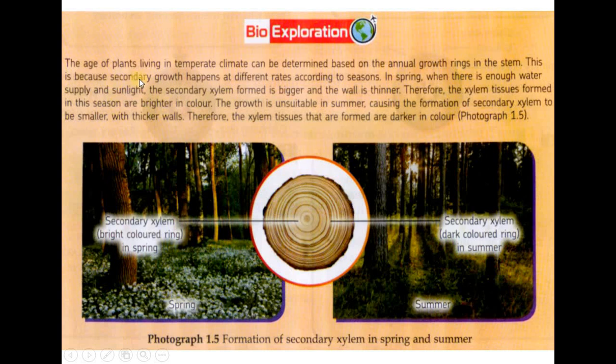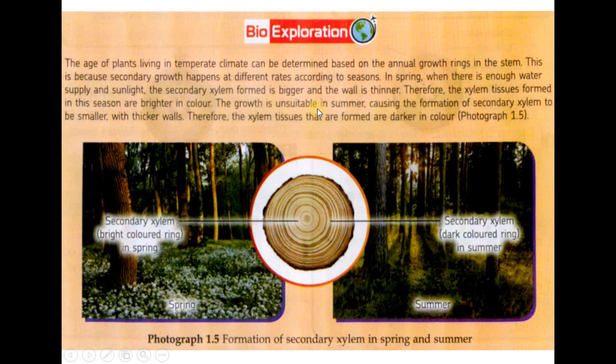This is because secondary growth happens at different rates according to season. So in spring, when there is enough water supply and sunlight, secondary xylem forms bigger with thinner walls. Therefore, the xylem tissue formed in this season is brighter in color.